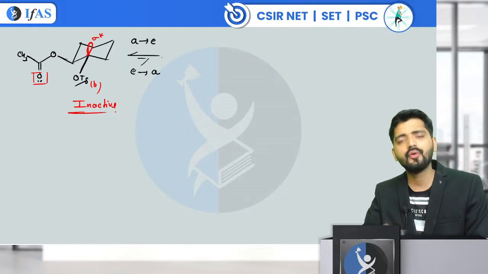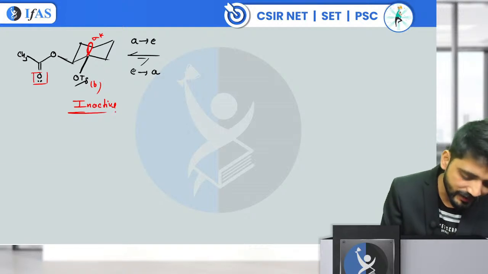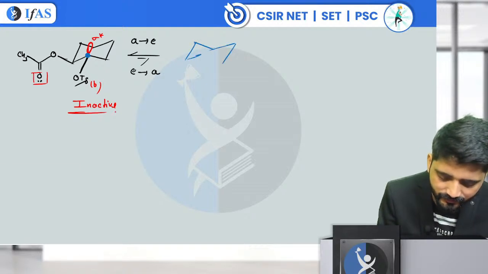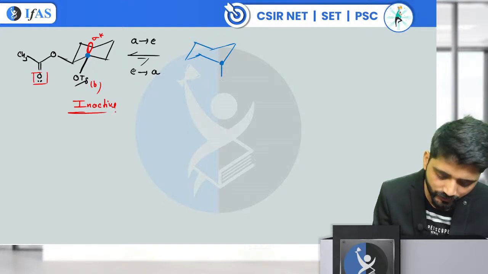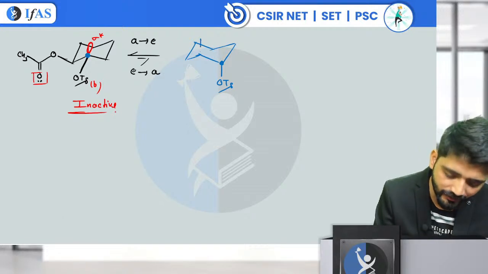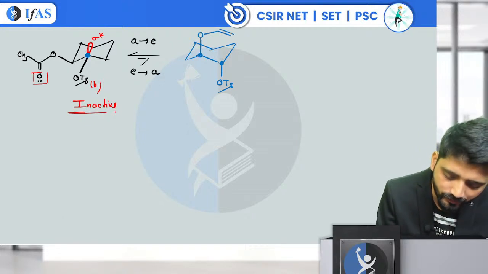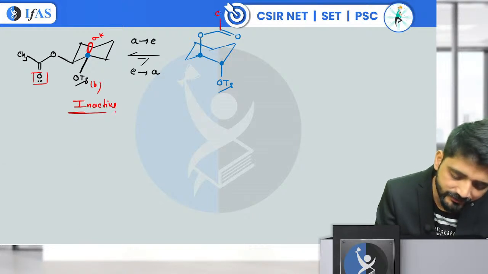And we move one carbon center ahead. So this carbon center will be moving one center ahead, to this center. Since OTs was equatorial, now it is going to be an axial center. In the second scenario, the OAc group was equatorial, and it is going to be placed at an axial center.